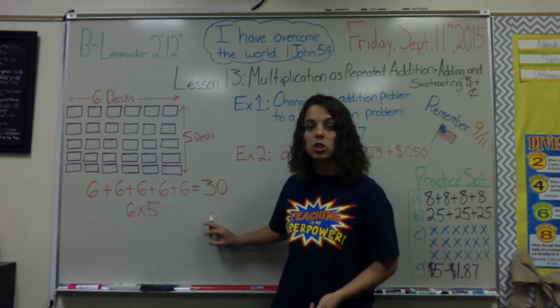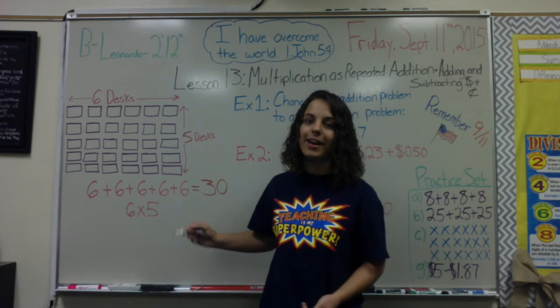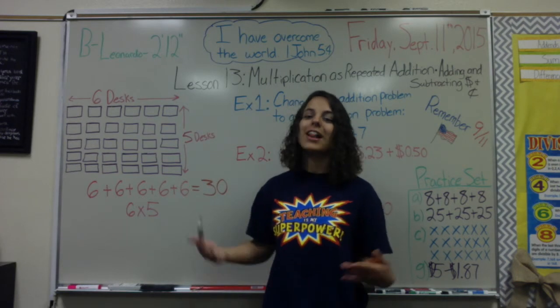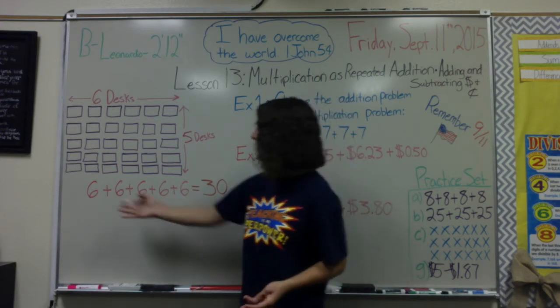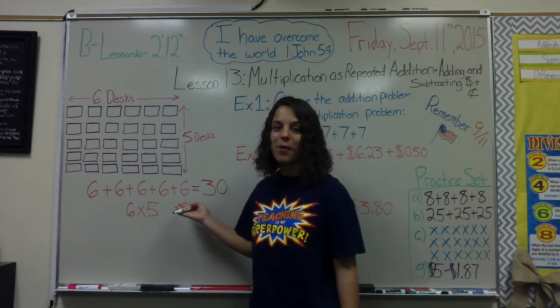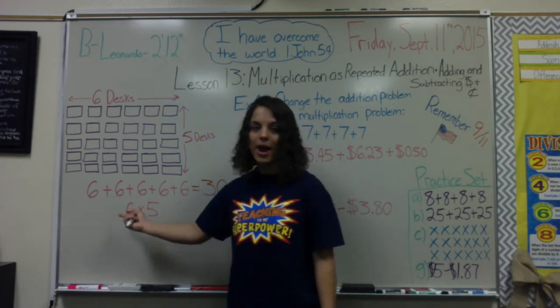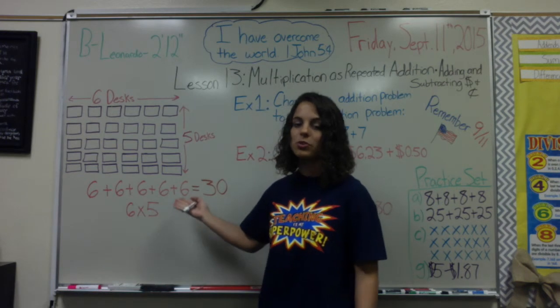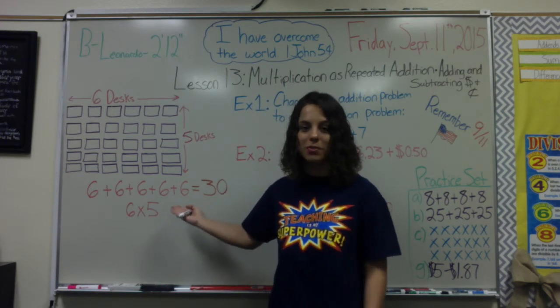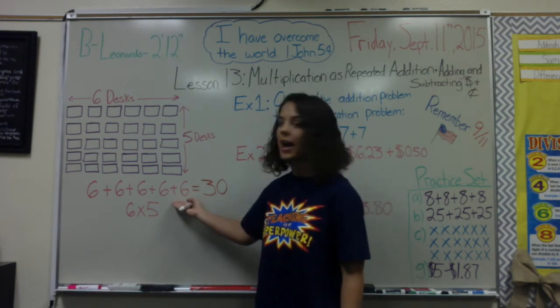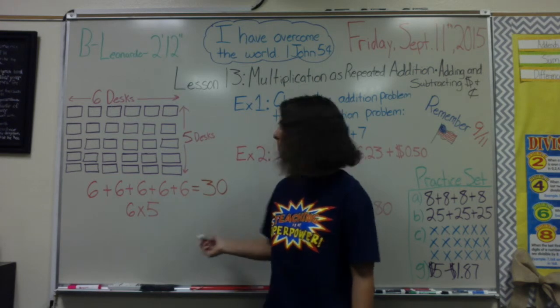Now we can actually do this in a much easier way. Like I said, mathematicians are lazy. So we want to make this as simple as possible. We don't want to sit there and do all the math in our head or count or whatever your strategy would be to solve adding 5 sixes.